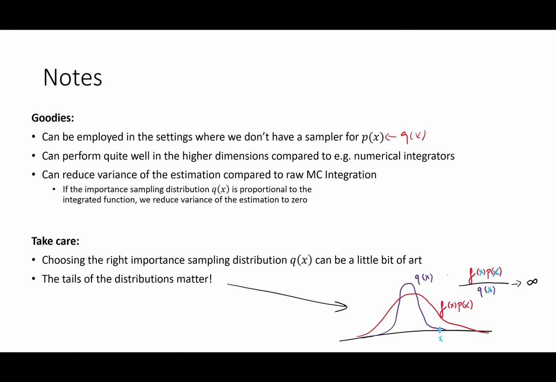Now, what you should take care of, or what are the points that are quite tricky. So first, choosing the right importance sampling distribution is a little bit of an art. It's not so easy. In practice, you may have to try a few sampling distributions and see which one performs the best.